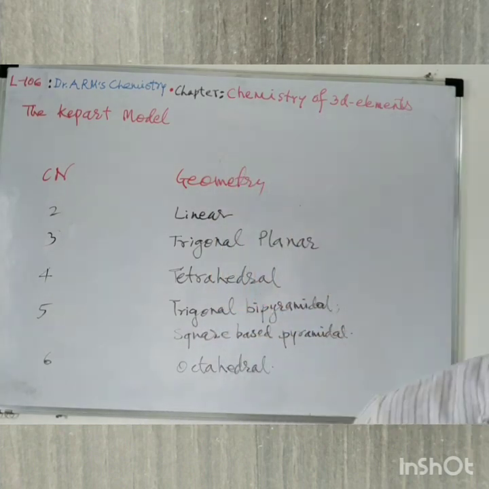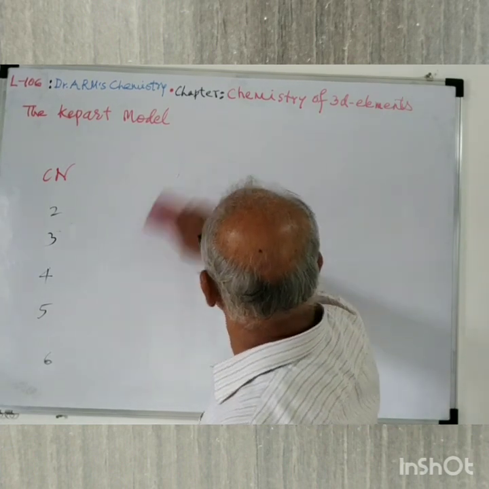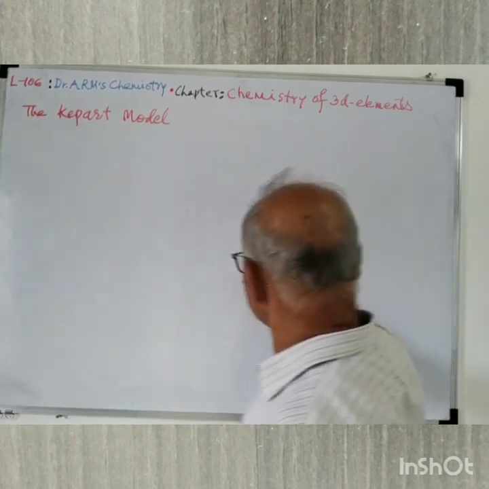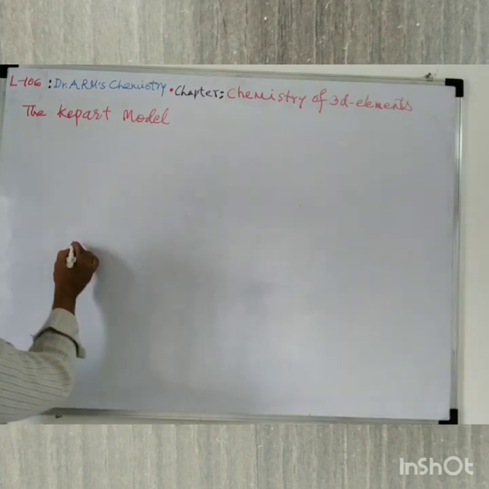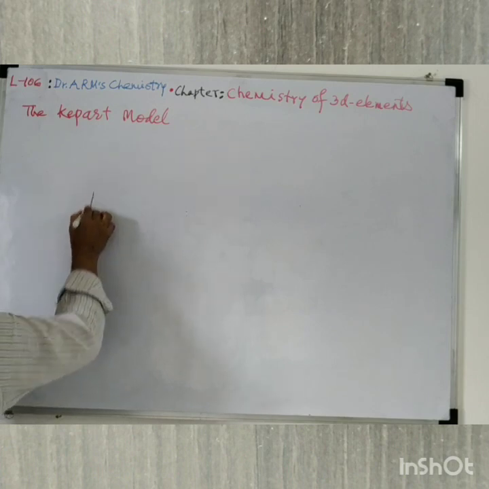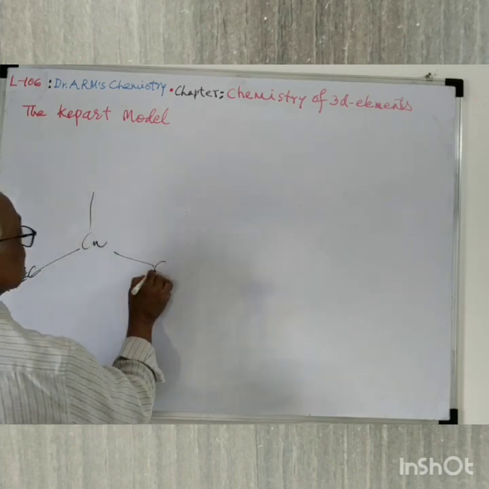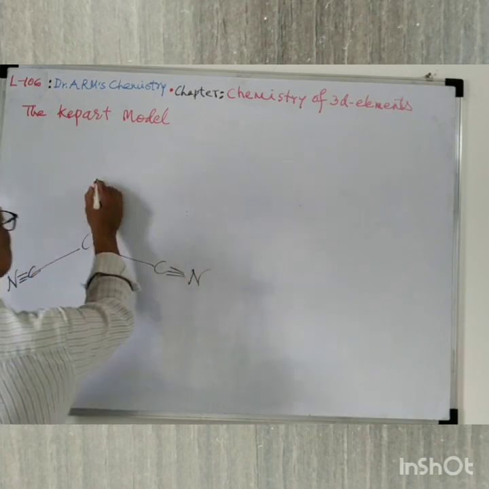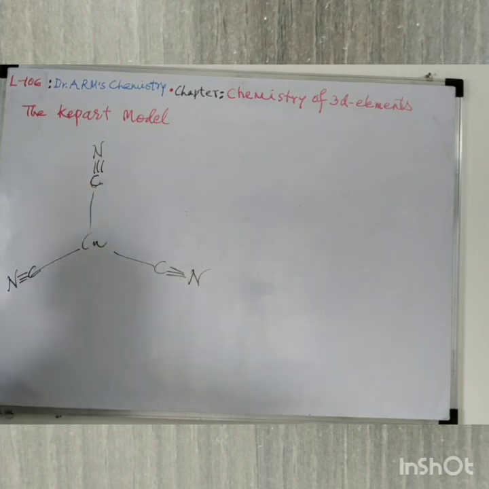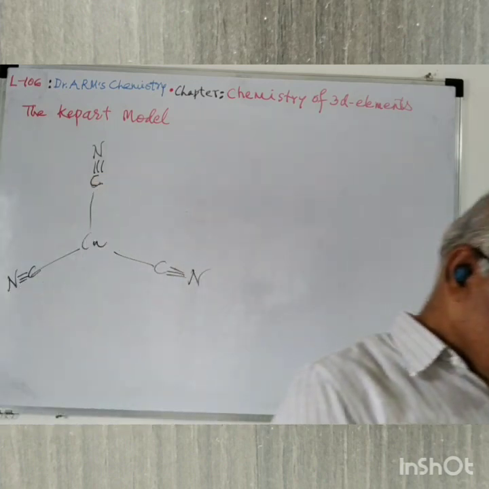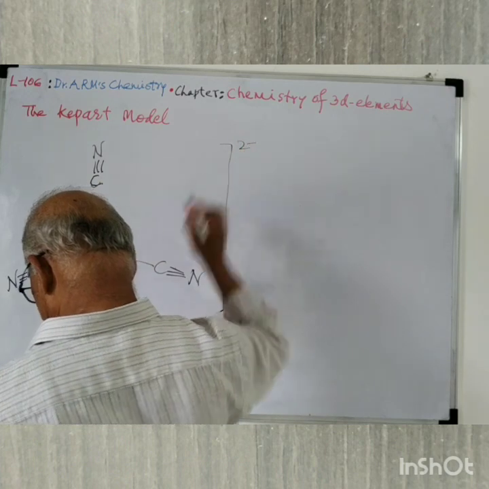The coordination sphere of a metal ion in the complex Cu(CN)3 2 minus can have a structure like this. So it has a 2 minus charge.